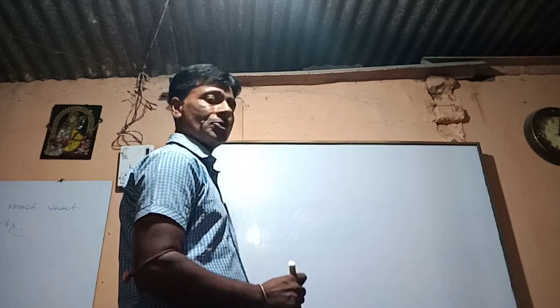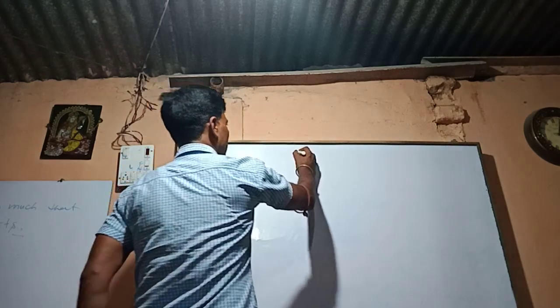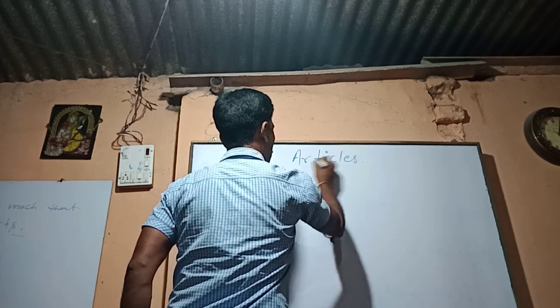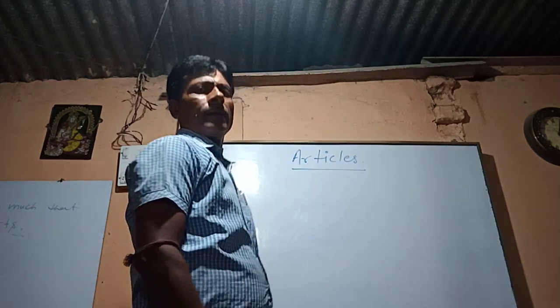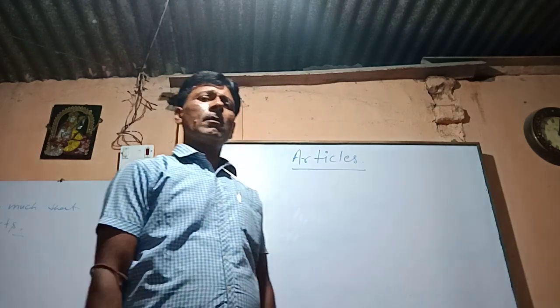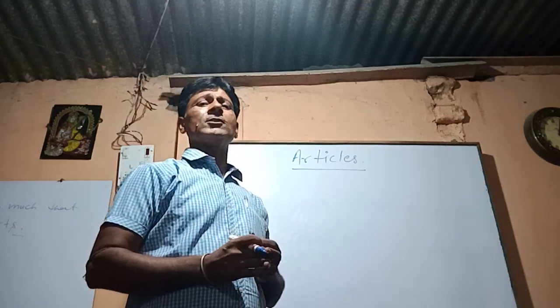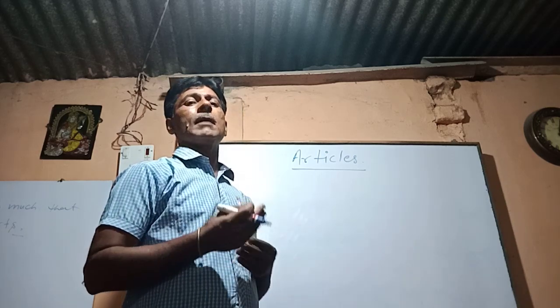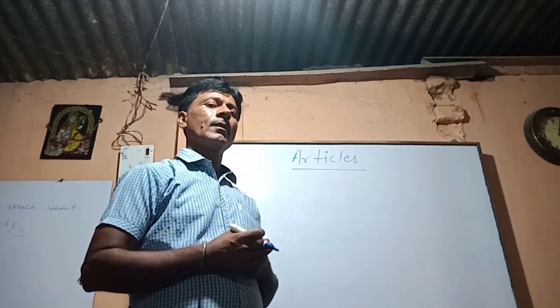So today we are going to learn again a very important exercise of grammar, which is a part of determiners, and today we are going to learn about articles. This is a very important lesson because sometimes it is confusing to the students because there are many rules about the uses of A and the.